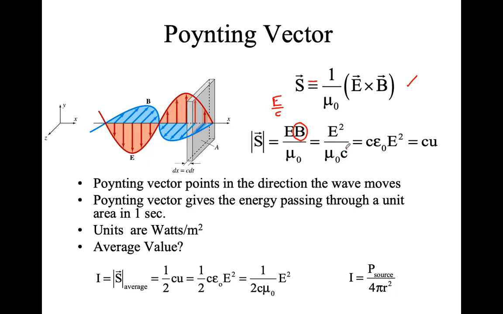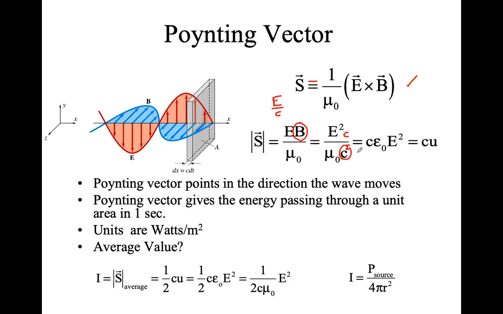Now, what can I do with this? If I multiply this by c and multiply that by c, I've multiplied by 1, and that got me c up in the numerator.